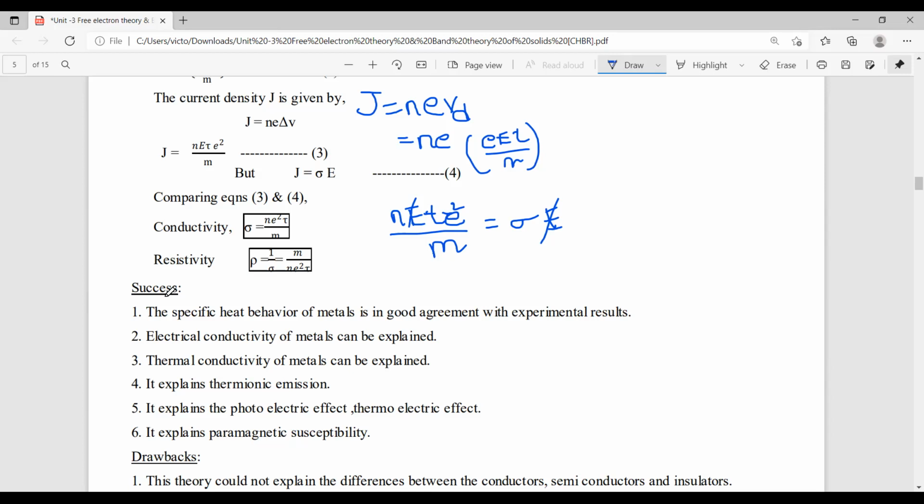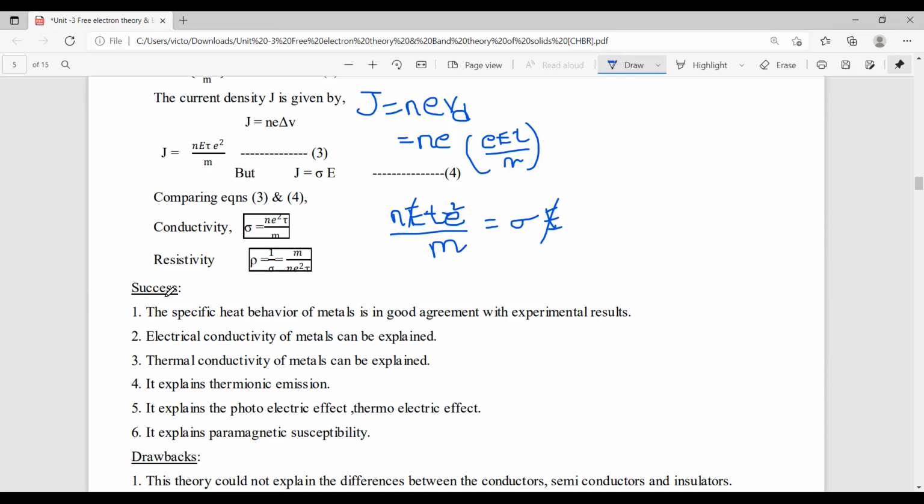But the quantum free electron theory, by taking different assumptions compared with the classical free electron theory, successfully explained the specific heat behavior of metals. That is, it is in good agreement with the experimental values also.